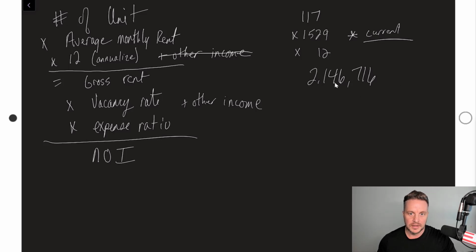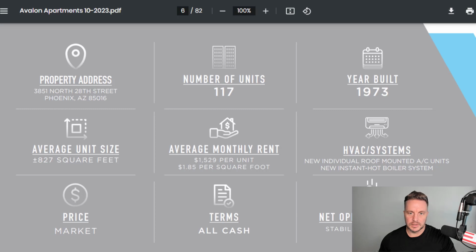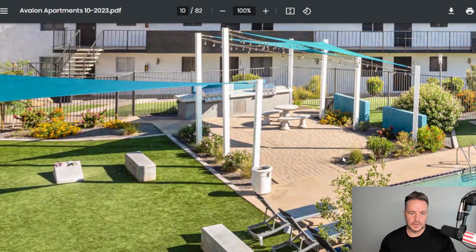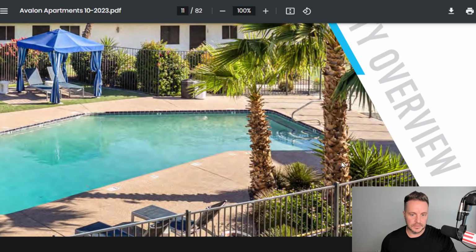So now we've got 2,146,000 and some change, and we're going to times it by a vacancy rate. So on this particular property, I actually looked at the rent roll, and I could show you guys that, and I will show it to you in lesson 2, but just trust me, the way you get a vacancy rate is you just go through the rent roll and count the number of vacants, right?